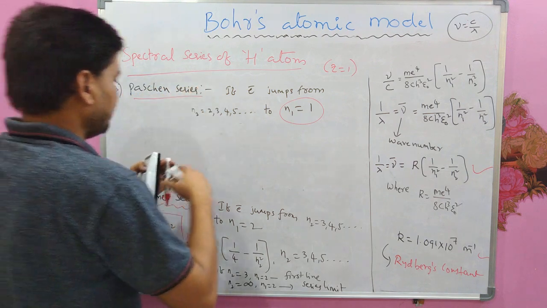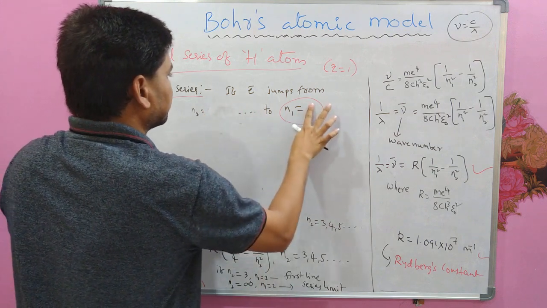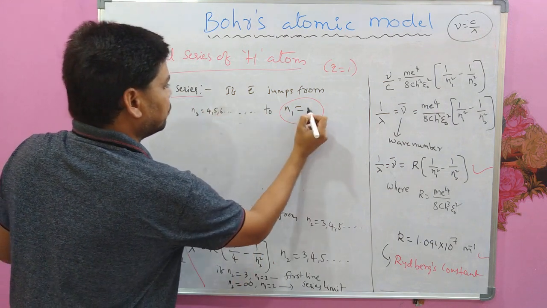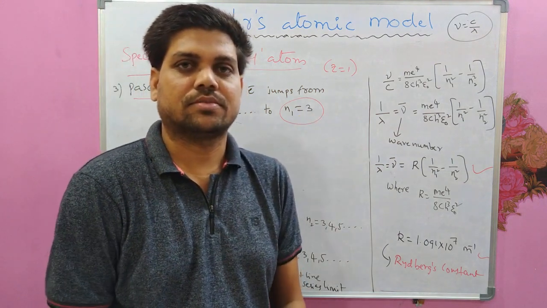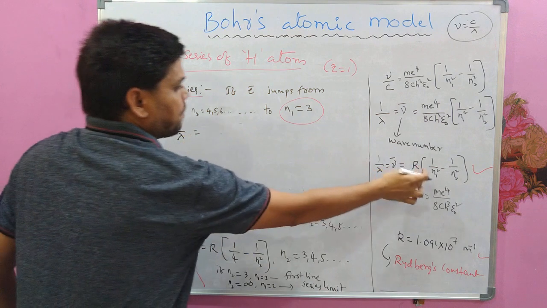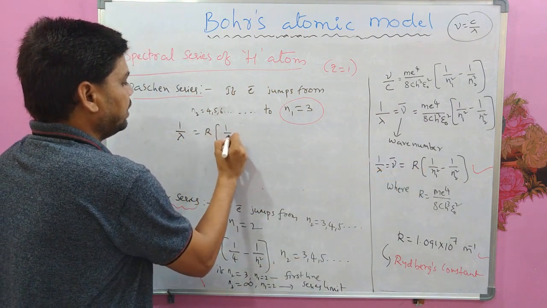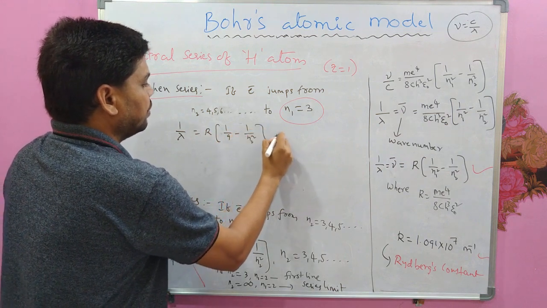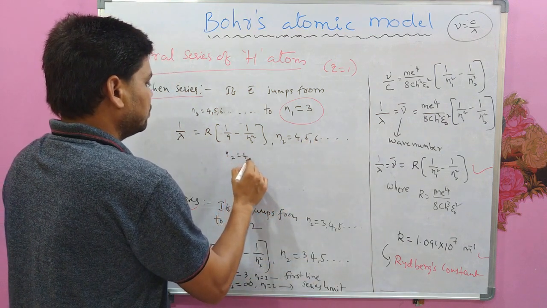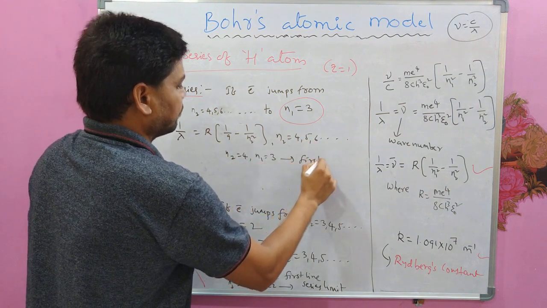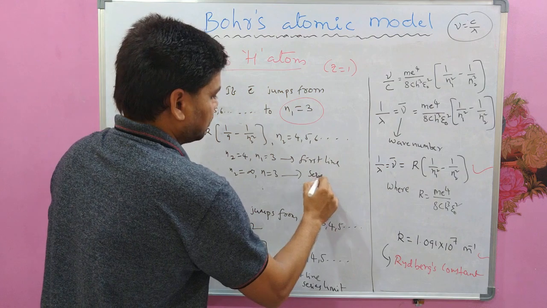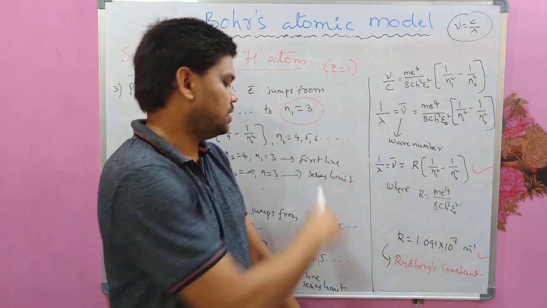If the electron jumps from n2 equal to 4, 5, 6, and so on, to n1 equal to 3, the third orbit, then we can get from this formula 1 by lambda equal to R into 1 by 9 minus 1 by n2 square, where n2 equal to 4, 5, 6, and so on. n2 equal to 4, n1 equal to 3 is the first line, and n2 equal to infinity, n1 equal to 3 is the series limit, the last line. So in every case you can have this.